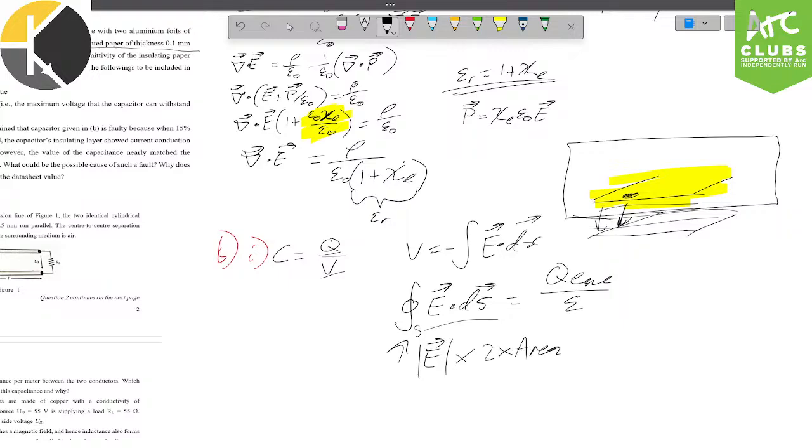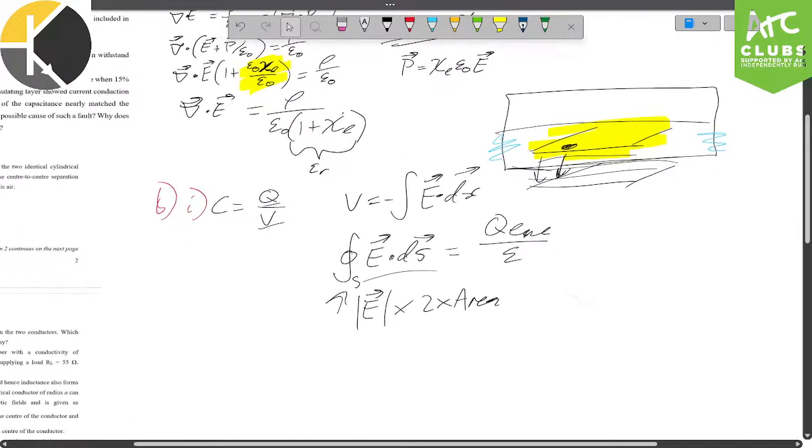We have a bottom area and a top area. Because we're assuming that it is sufficiently wide, these fringing effects can be neglected. So that's how we're going to consider this.